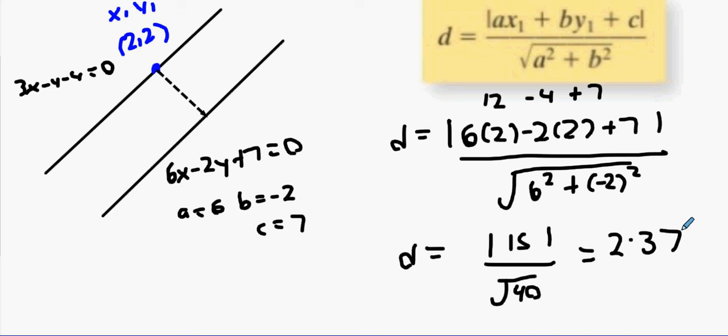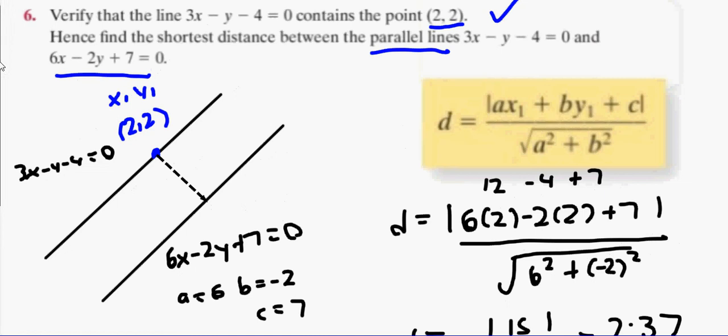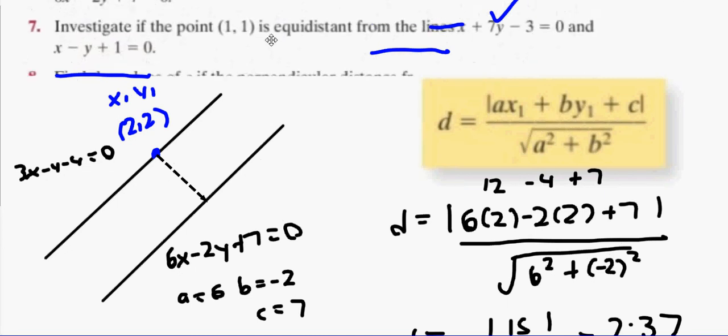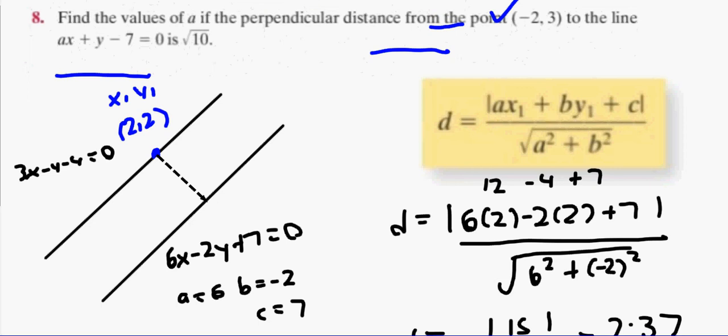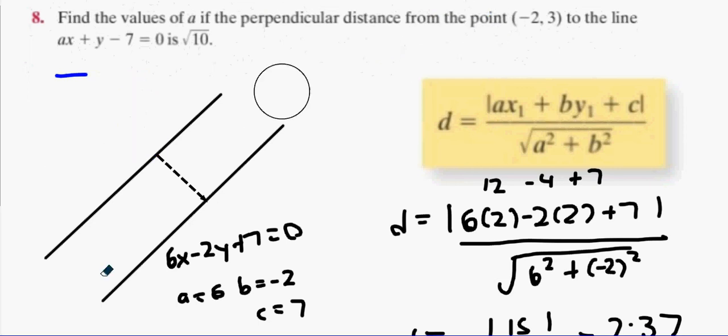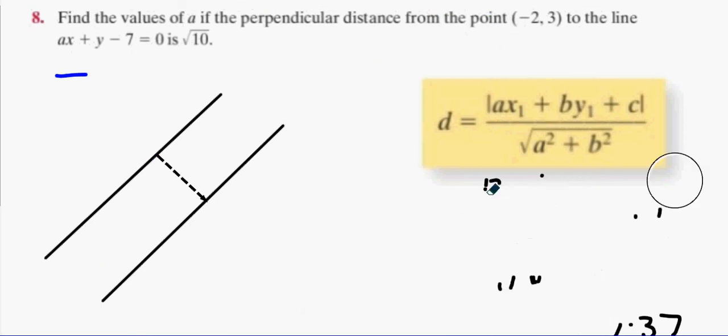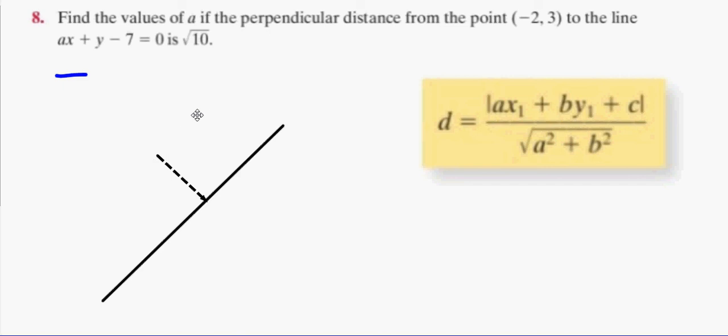Now I really want us to focus in here because I need to get question 8 done in 3 minutes. It's going to be fun. We're going to use exactly the same material except there is no second line this time. Is everybody happy that the point is minus 2, 3?